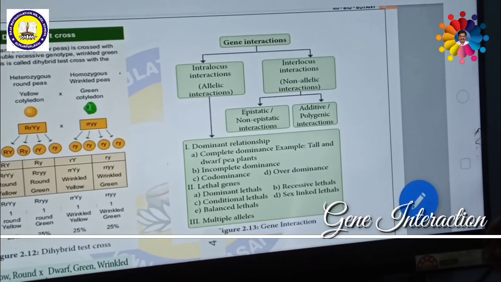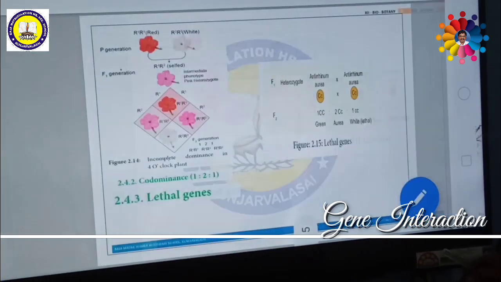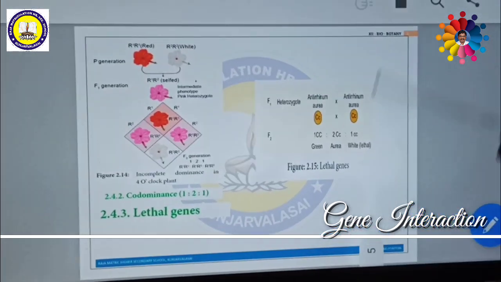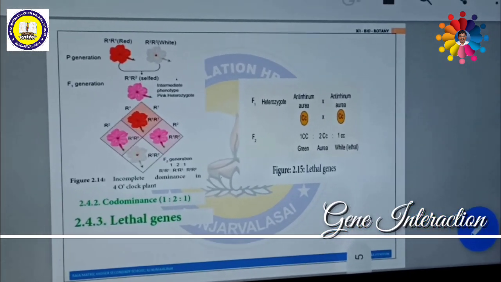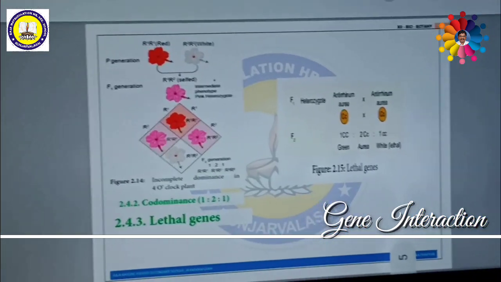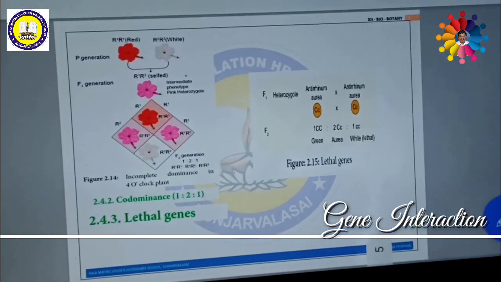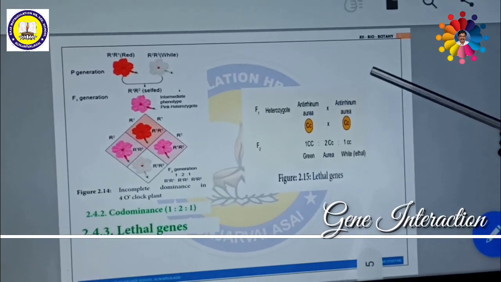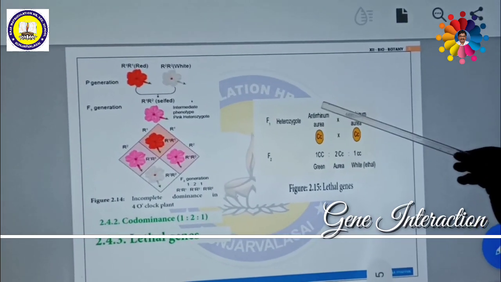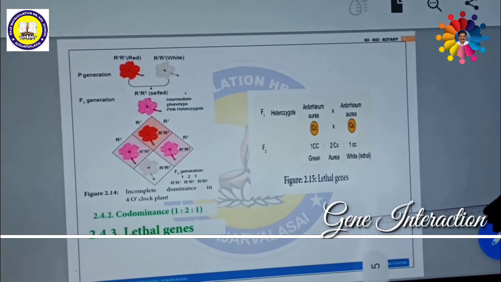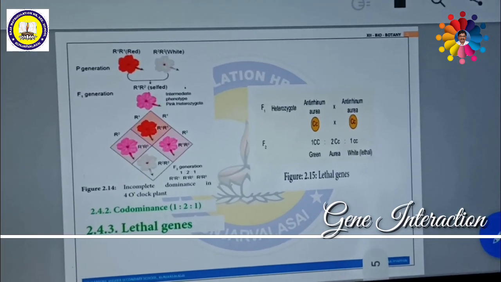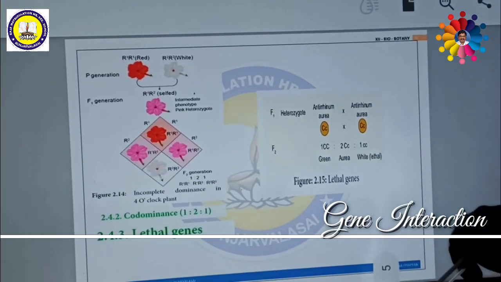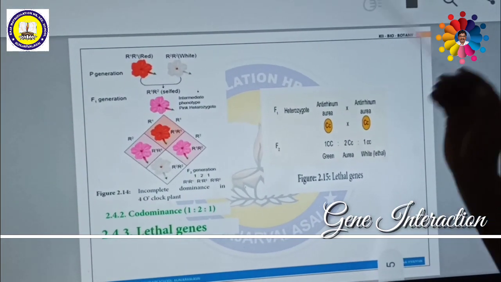Now, we shall go through the next category. That is codominance. What is codominance? In the four o'clock plant, this was explained in detail by a German geneticist called Karl Correns. He crossed two different plants.